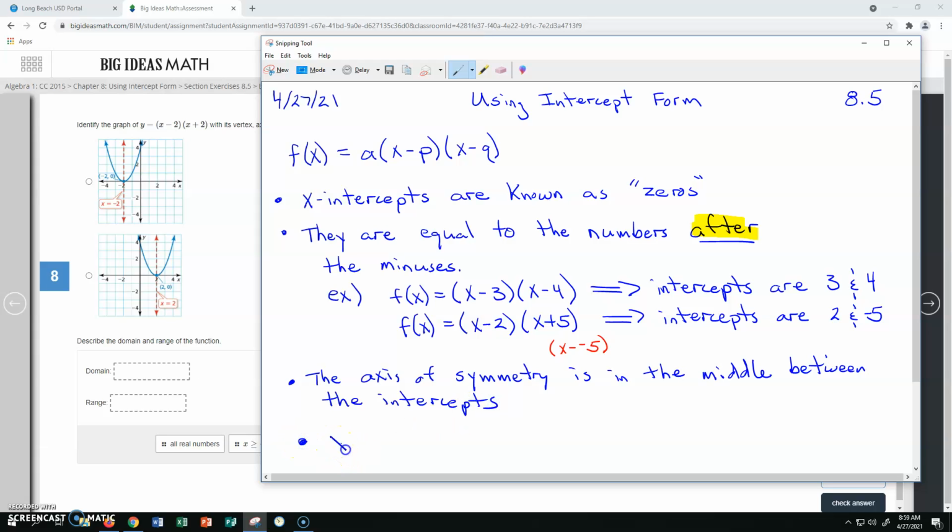So to get the axis of symmetry, I'll write that here. So I'll say axis of symmetry is x equals, you add them two together. So p plus q divided by 2. That's going to be how you find it, although we are going to be using Desmos, so we're going to kind of see it that way anyway.